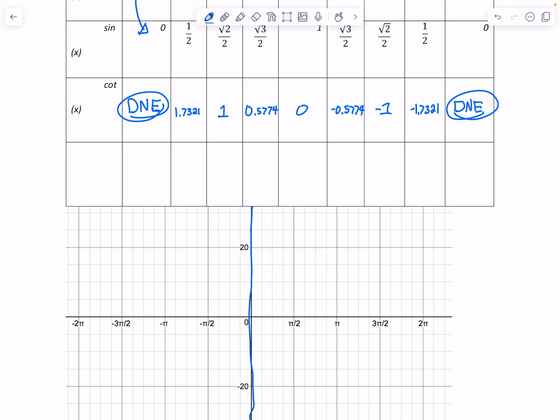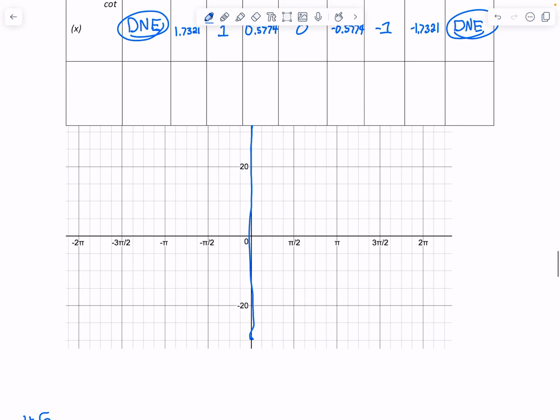So I'm going to draw my asymptotes. If it'll straighten up, I'll have to redo that. All right. There we go. So my asymptotes are going to happen every pi.